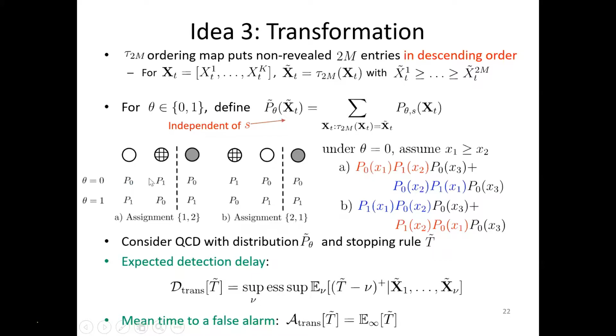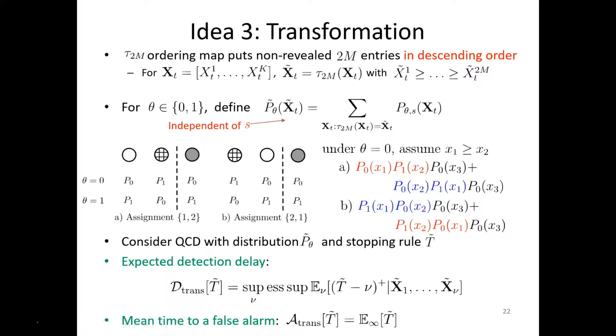And for this assignment (2, 1), we can do the same thing. Under theta equal to 0, the PDF is p1 x1 times p0 x2 times p0 x3, plus p1 x2 times p0 x1 times p0 x3. So you can see that this part is the same as this part, and this part is the same as this part. So this is independent of S.